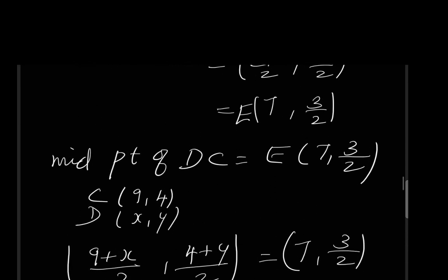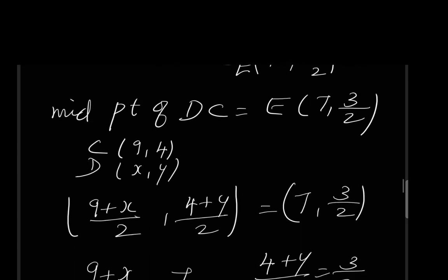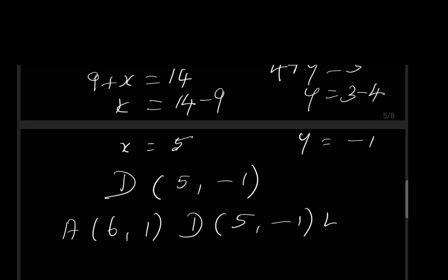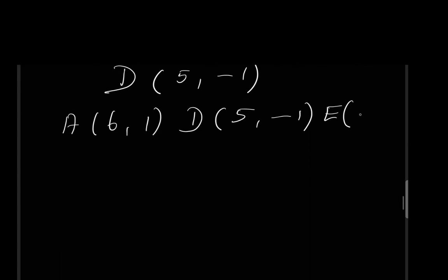See the vertex A is (6, 1). And the vertex D is (5, -1). The vertex E, it is the midpoint of CD, (7, 3 by 2).